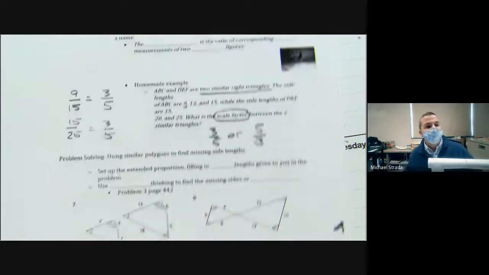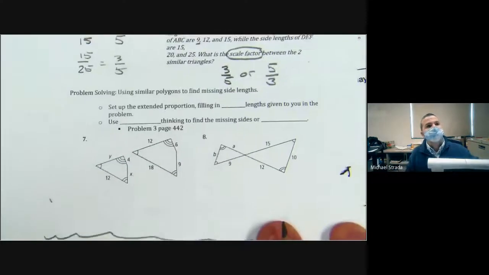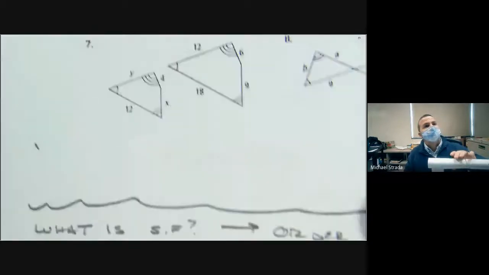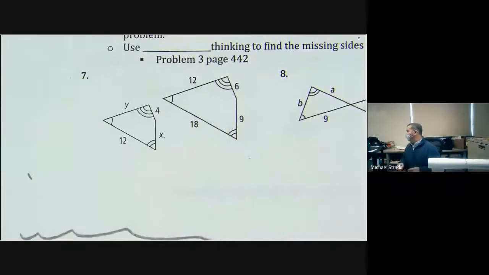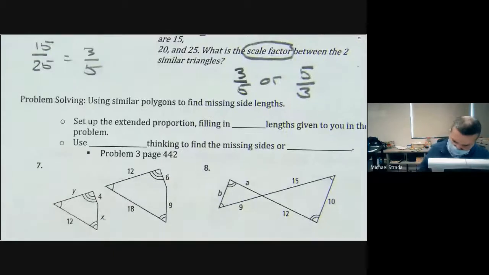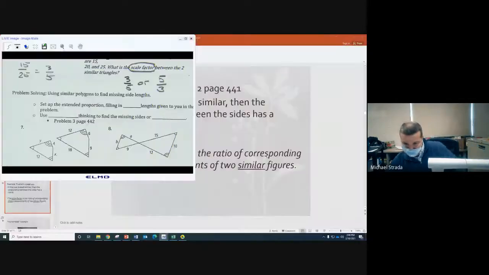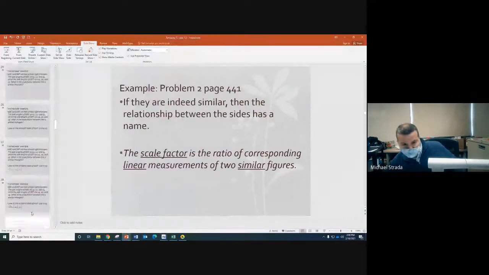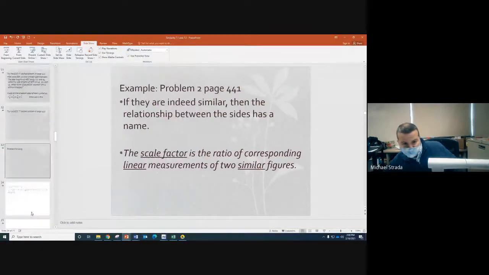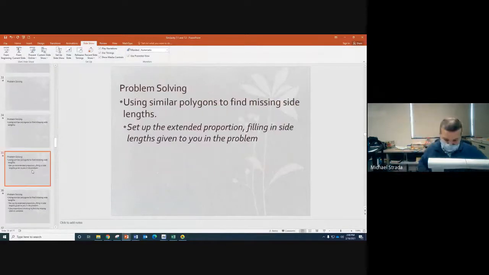So if we're looking at a problem solving using similar polygons to find missing side lengths, set up the extended proportion filling in side lengths given to you in the problem.